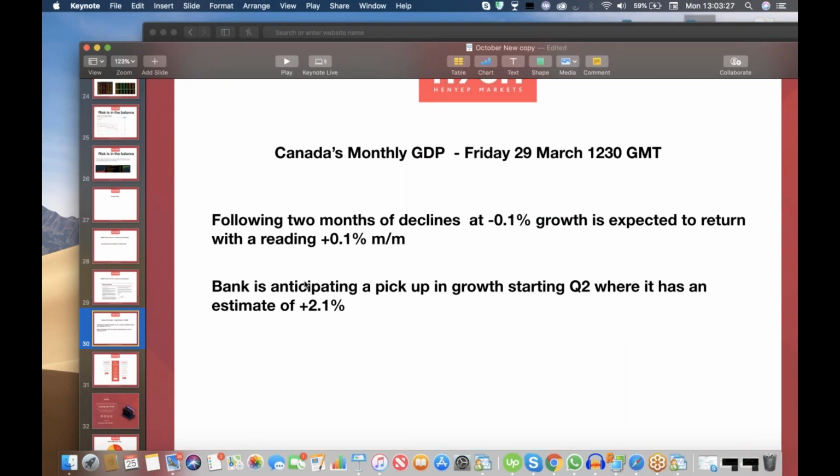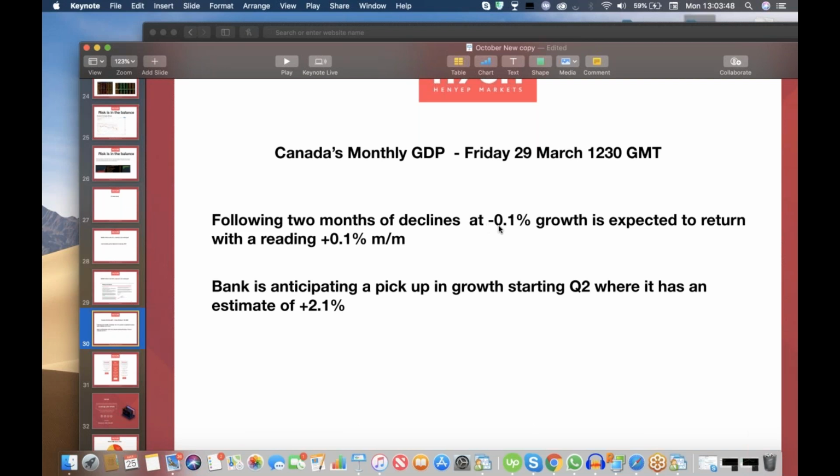For the monthly GDP for Canada, there's been 2 months of declines at minus 0.1% month-on-month growth. Now, growth is expected to return with a reading of plus 0.1% month-on-month. Bankers anticipating a pickup in growth starting in Q2 have an estimate of plus 2.1% for the year-on-year reading.